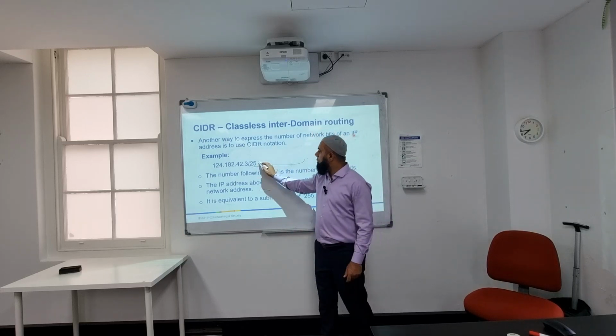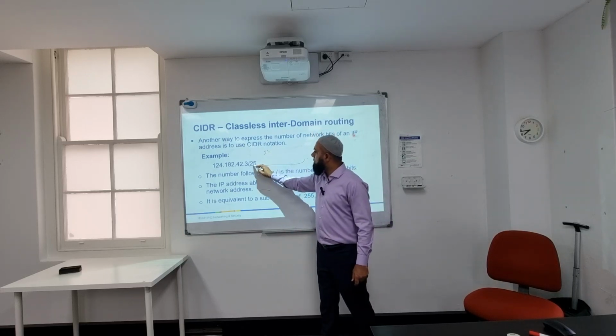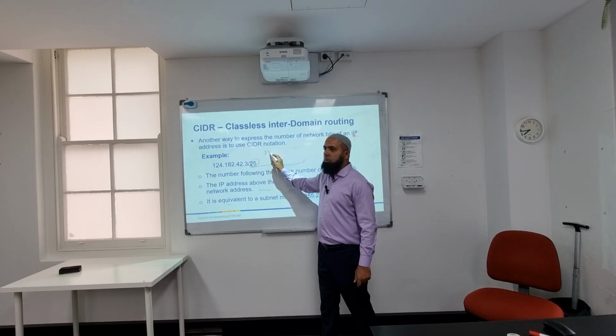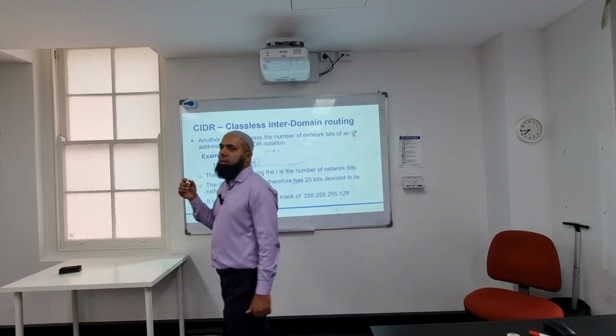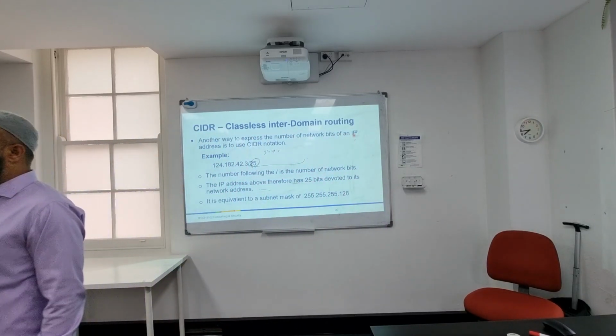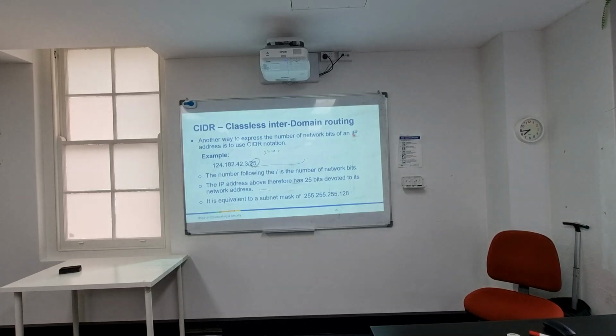Let's say the total number of bits is how many? 32. 25 are occupied, so 7 are free. So we write 25. If 25 are occupied, then 25 are ones. The 7 are the zeros, because zeros mean those are empty ones. Ones are already used.